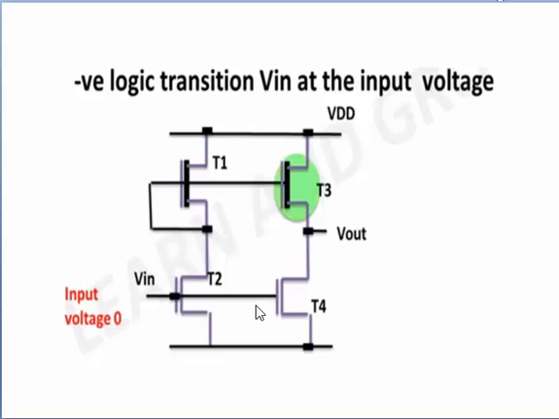This gives a higher voltage, approximately VDD, at third transistor input, thereby giving higher conductivity and faster charging to output node. That means when the input is 0, output is 1. So only T3 will work. Therefore V output is not directly connected to V input.